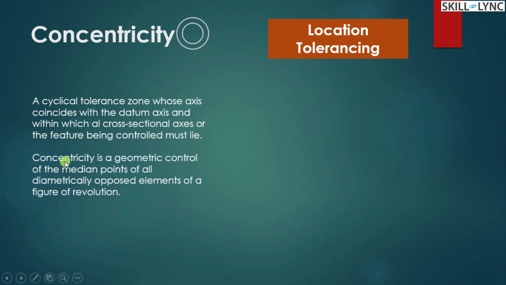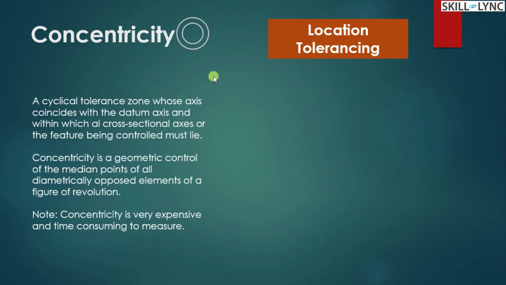So it is going to be a geometric control of the median points of all diametrically opposite elements of a figure of revolution. So it has to be measured by an instrument that goes throughout this cylindrical zone to measure all the points referred to the median points of all the diametrically opposite elements.